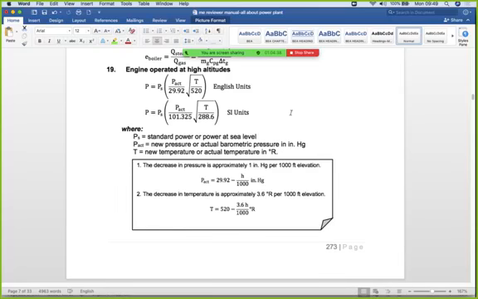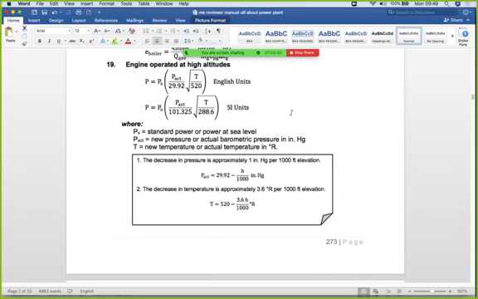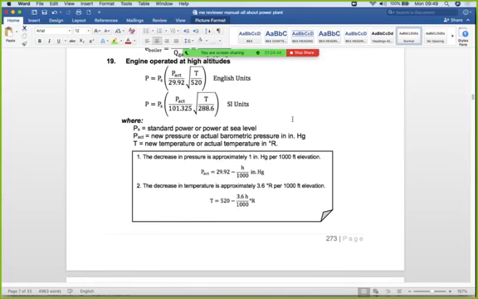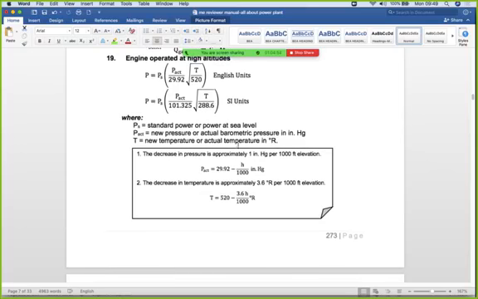So the decrease in pressure is approximately 1 inch of mercury per 1,000 feet elevation. When you go higher, there is a decrease in pressure. The decrease in temperature is approximately 3.6 degrees Rankine per 1,000 feet. So that's how you compute. What will happen if you go to high altitude?